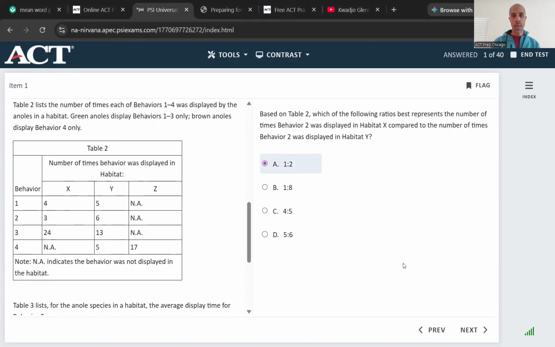That would be A. That's a 3 to 6 ratio: 3 times for behavior 2 in habitat X, 6 times for behavior 2 in habitat Y. So that's 3 to 6, which as a fraction reduces to 1/2.